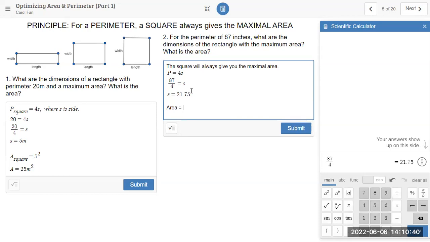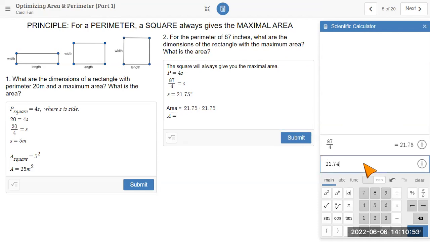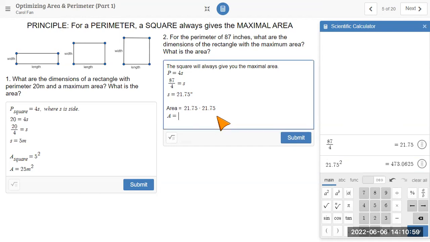So because they are the same, 21.75 times 21.75, or I could say 21.75 squared. So the area of this rectangle, 473.1. I'm going to round that. So square inches.